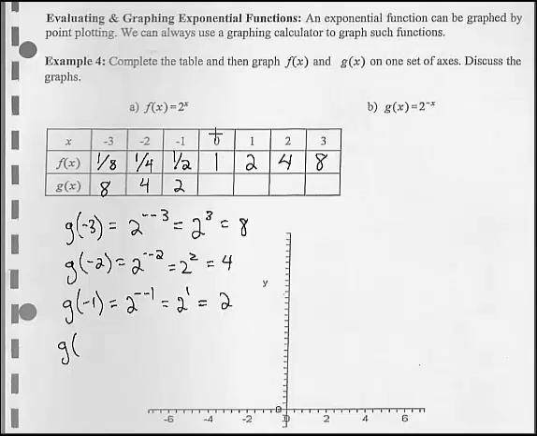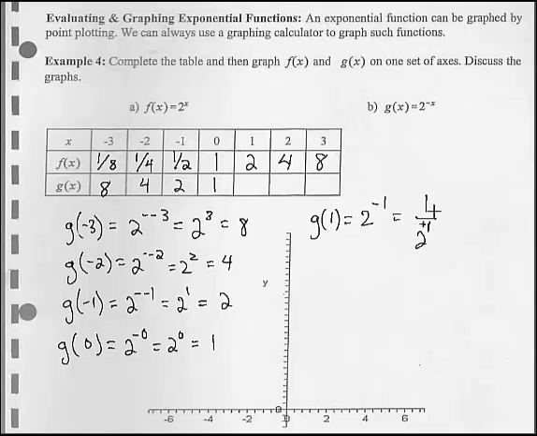The next x value that we want to input into g is 0. We have 2 to the negative 0, which is the equivalent of just 2 to the 0. The negative doesn't affect the 0, and so anything raised to the 0 power is 1, so we should write 1 here, just like we did for f of x. G of 1 equals 2 to the minus 1, which can be written as 1 over 2 to the positive 1.